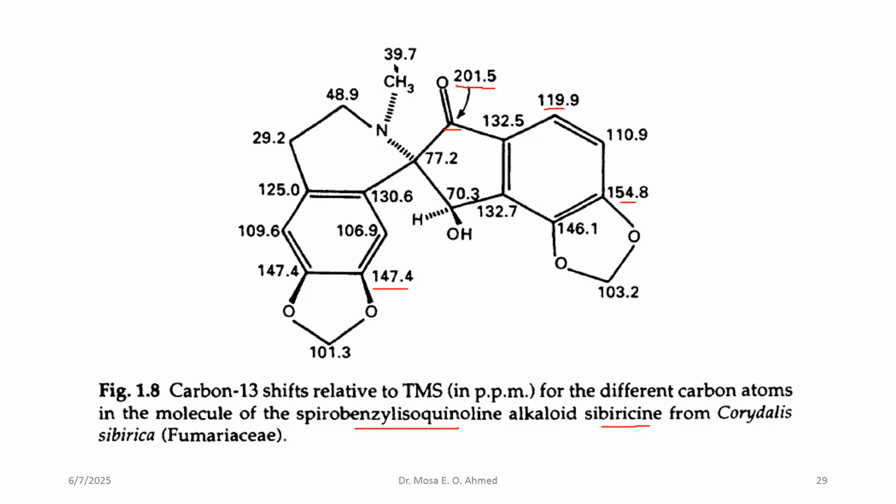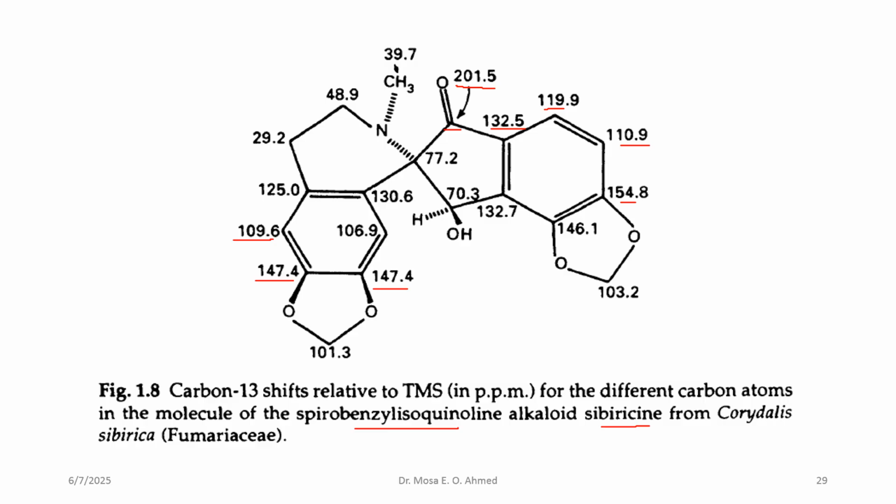And as we know, the range for aromatic carbon is from 110 to 150. One observes that all the carbons occurring in the aromatic ring are in the range from 110 to 150.